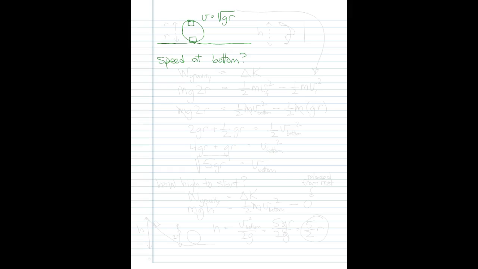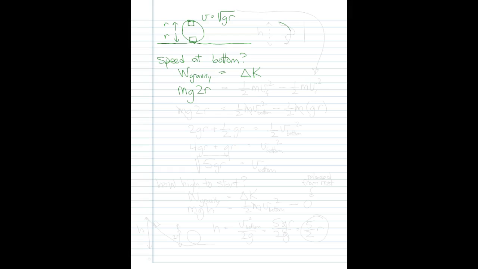Well, if the radius of the loop is r, then that means that you are 2r below where you were at the top of the loop when you're at the bottom. So we can say that the work that's done by gravity to get you to the bottom is equal to the change in the kinetic energy from top to bottom. So the work that's done by gravity is just the force, mg, times the component of your path that's in the vertical direction, which is just 2r.